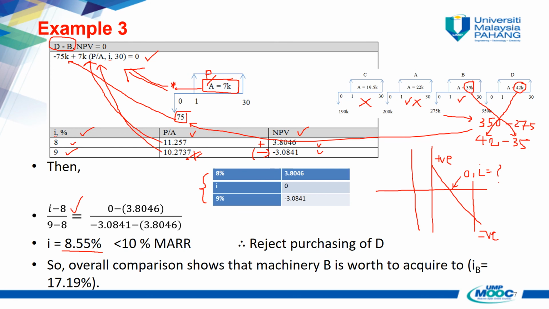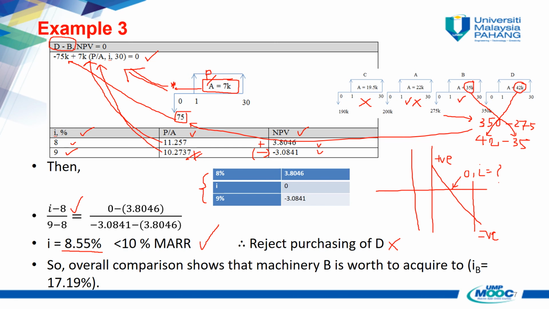This is what our boss wants, what our CEO wants, what our board of directors want. They want at least 10% margin, 10% profit. So we reject the purchasing of D, reject.